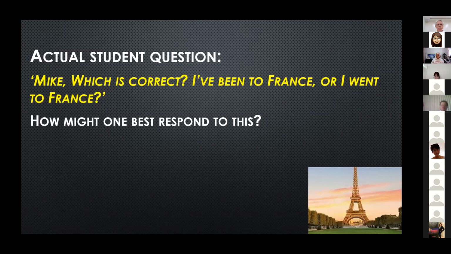The internal grammatical construction is not a problem here. Whether we say that sentence is correct or incorrect is going to depend upon whether the speaker wants to talk about simply the fact of having gone to France, or they want to add something to the experience like when or why and so forth, in which case the second one would be more appropriate.